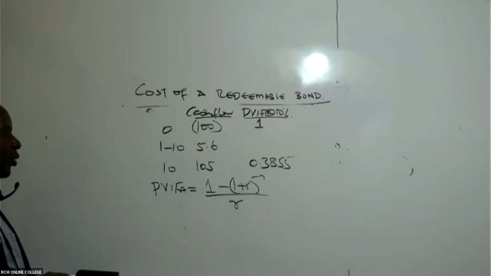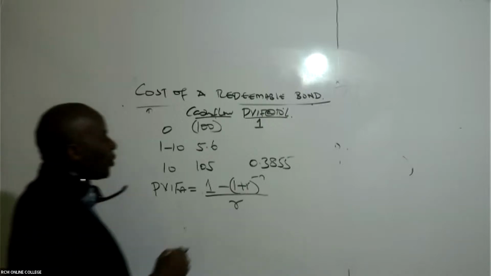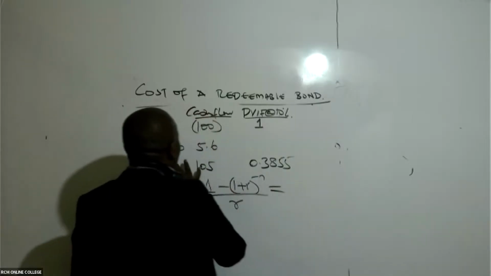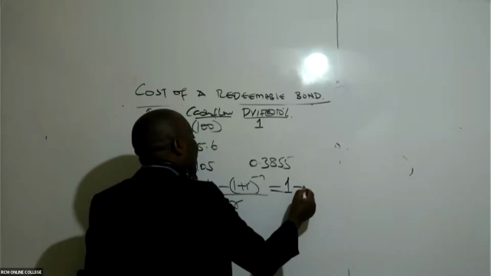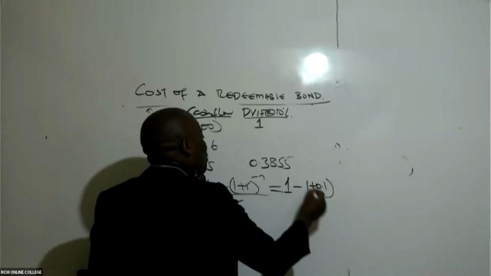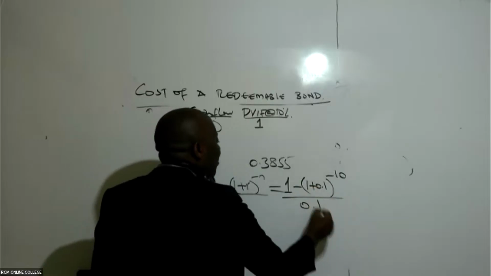PVFA is the present value interest factor of an annuity. It will be 1 minus the PV formula that I just showed, and then we divide everything by R. Because we want years 1 to 10, I can see an annuity, uniform. So it will be 1 minus 1 plus 0.1 raised to negative 10, everything divided by 0.1.